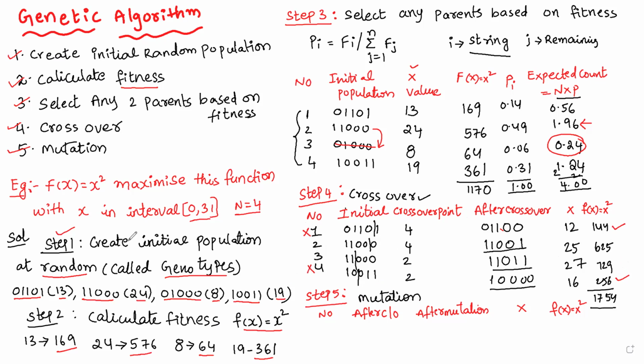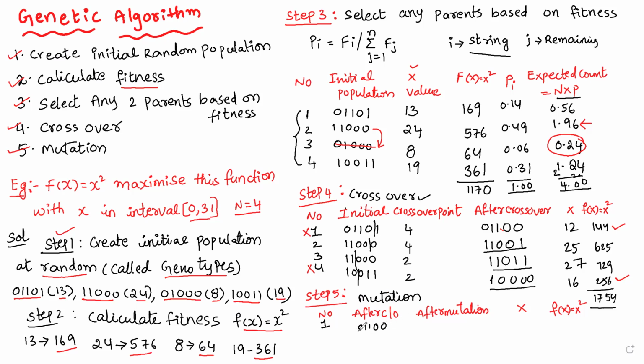So let us see the first one, number 1, after crossover. So what is it after crossover? 0 1 1 0 0. Now we focus on mutation. Mutation means we'll change the value of anything, like we can change the position in 0 1 1 0 0.